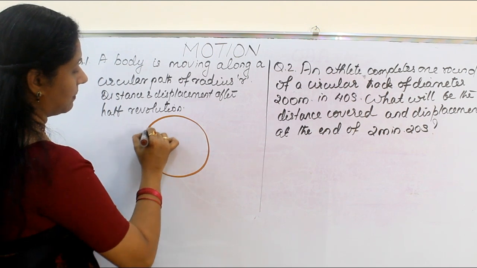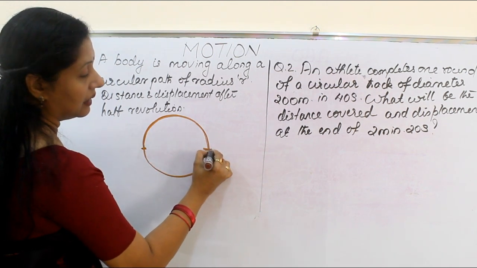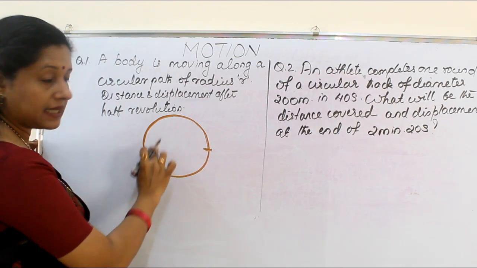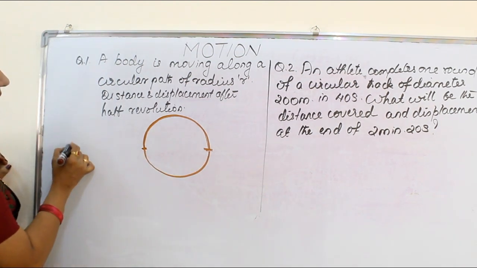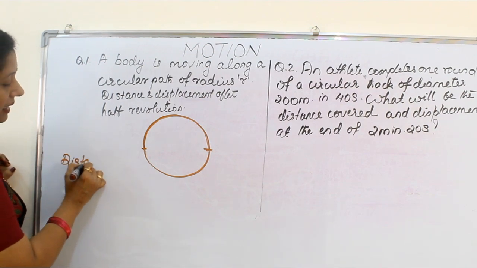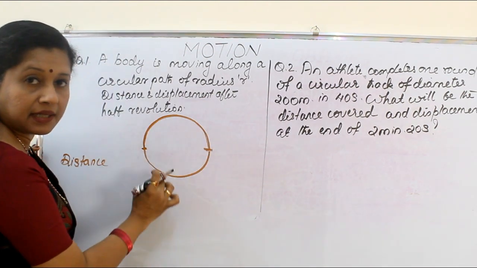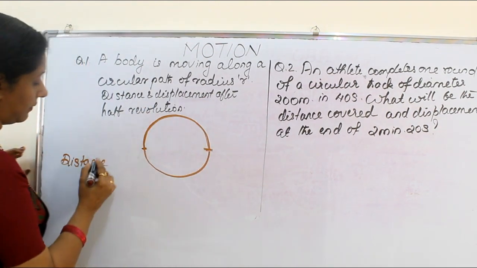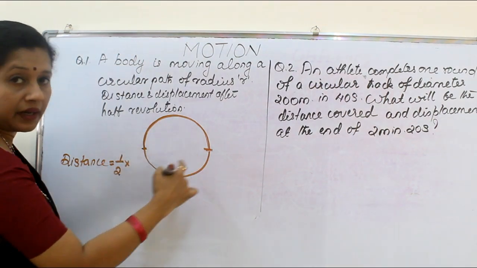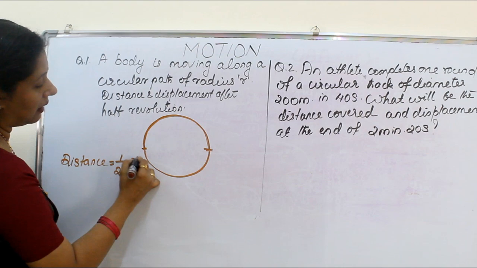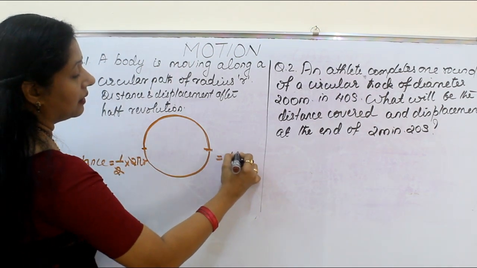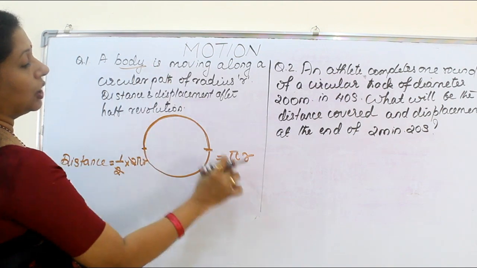For a full revolution it would equal the circumference, but here he is covering only half the circumference. So distance is half into 2 pi r. We can cancel out the 2, so the distance traveled by this body is pi r.